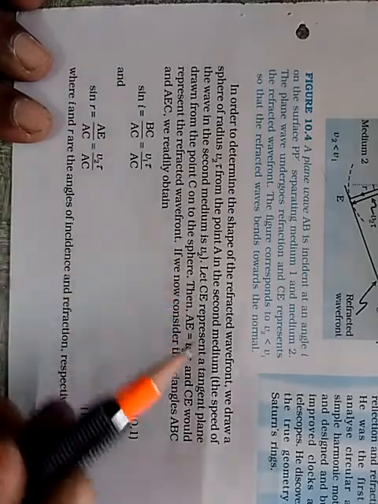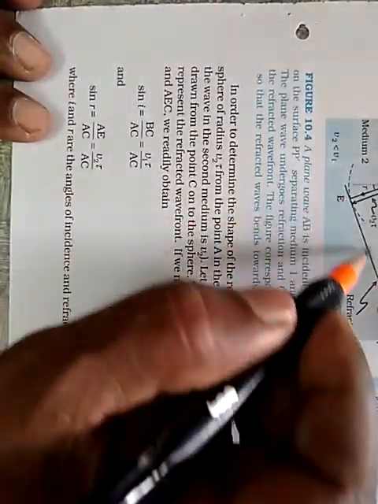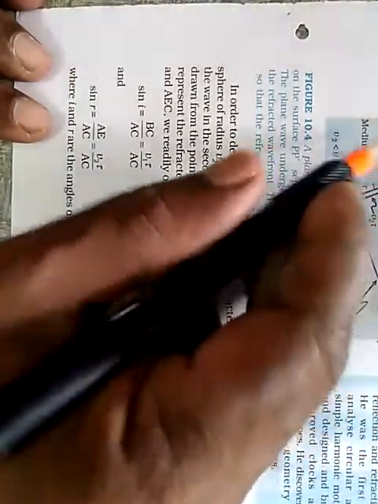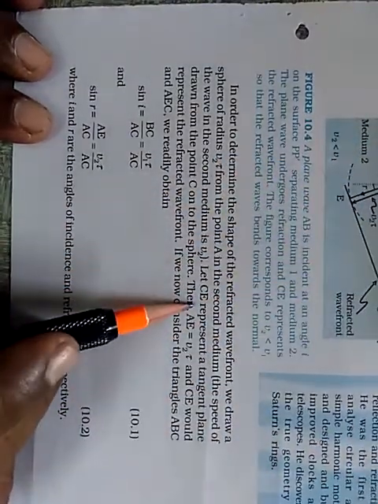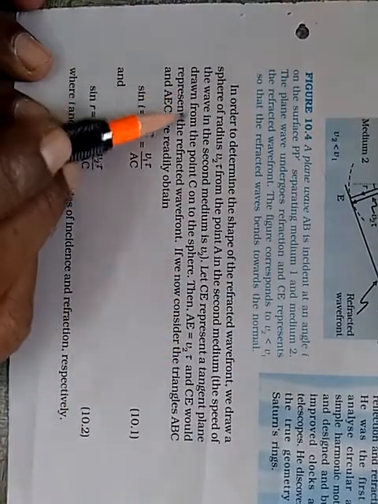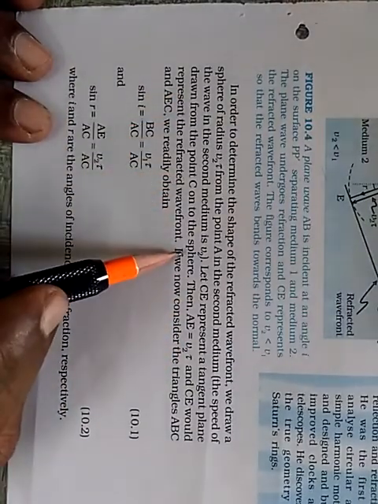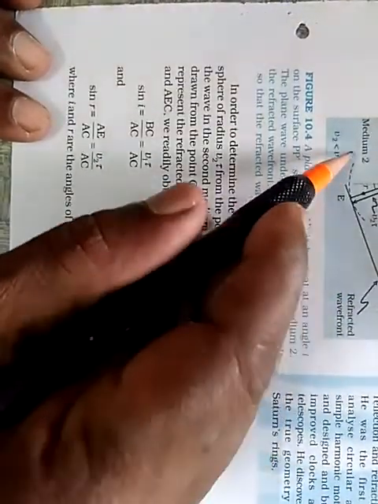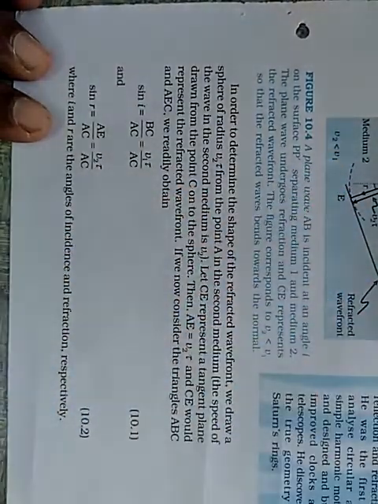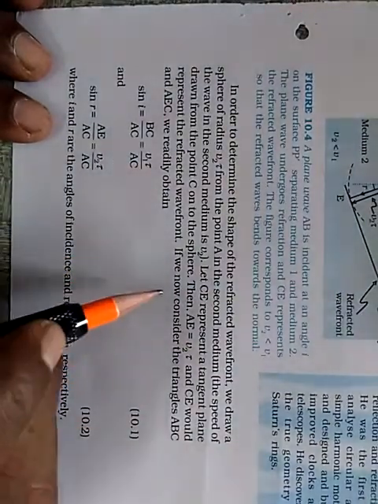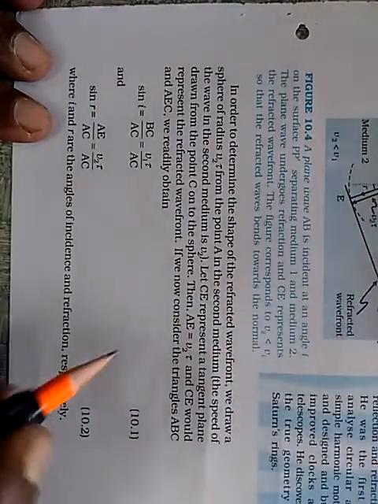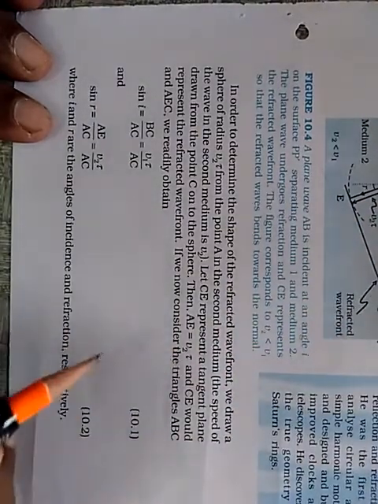This is CE, which is nothing but a tangent to this sphere. So from here we are drawing a tangent to this sphere. Then this distance AE is equal to V2 tau.